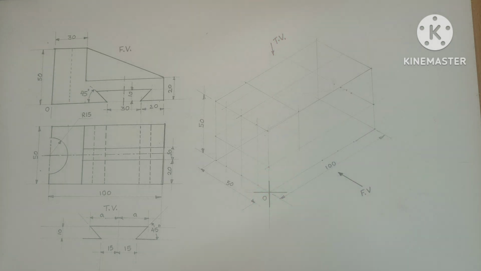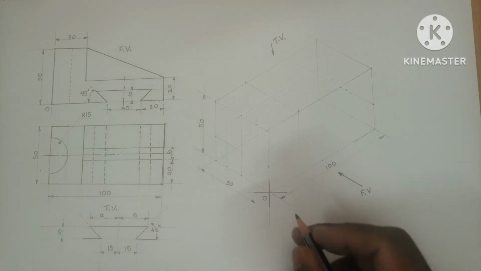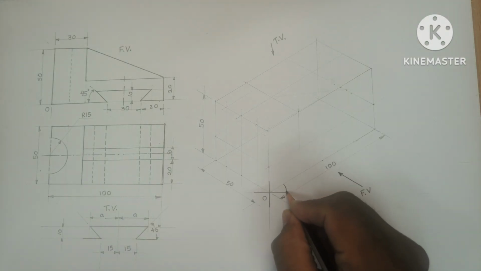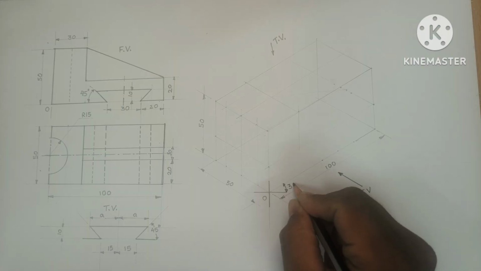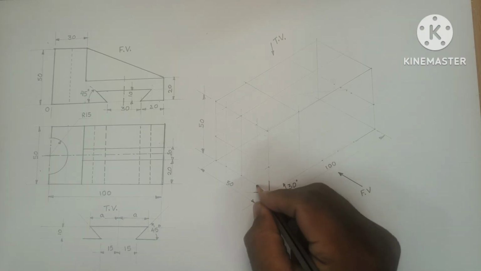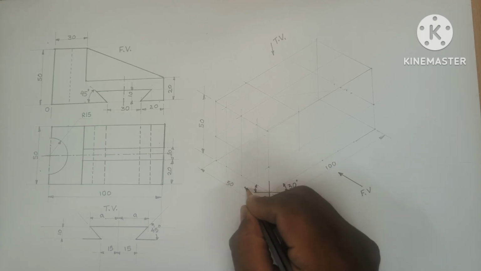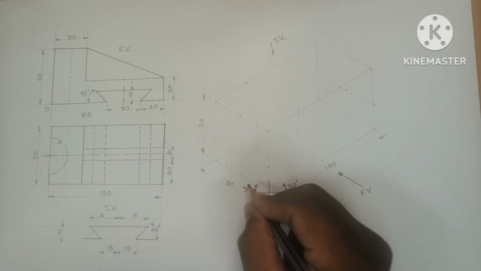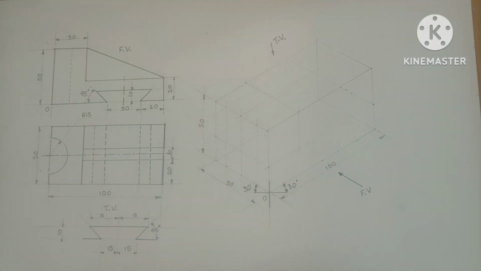With the help of pencil and protractor, I have taken this angle as 30 degree, and this angle is 30 degree, and I have constructed the box.